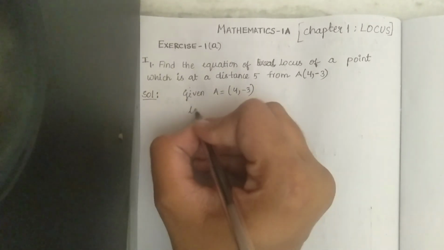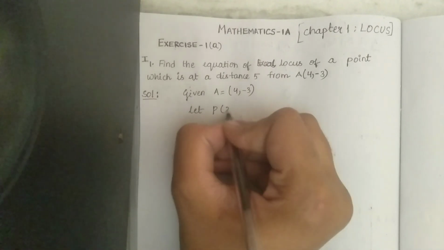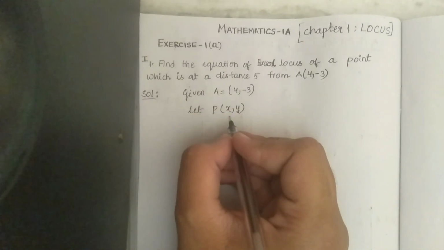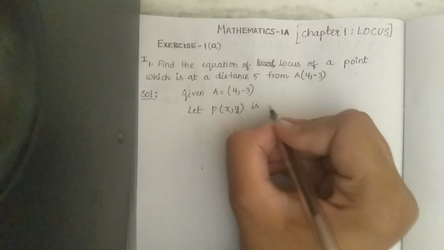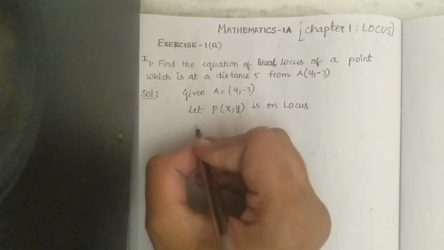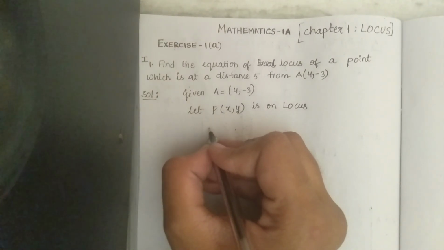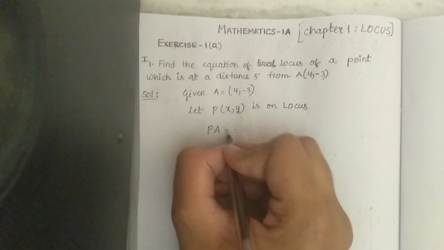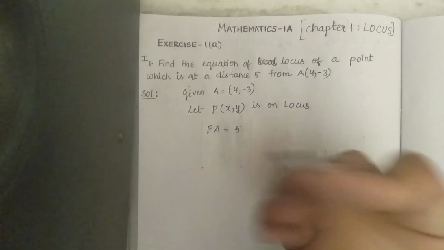So let us assume the point P as (x, y). So this is the point which is on the locus. So here it is given in the question that the distance from point P to A is 5 centimeters or 5 units.